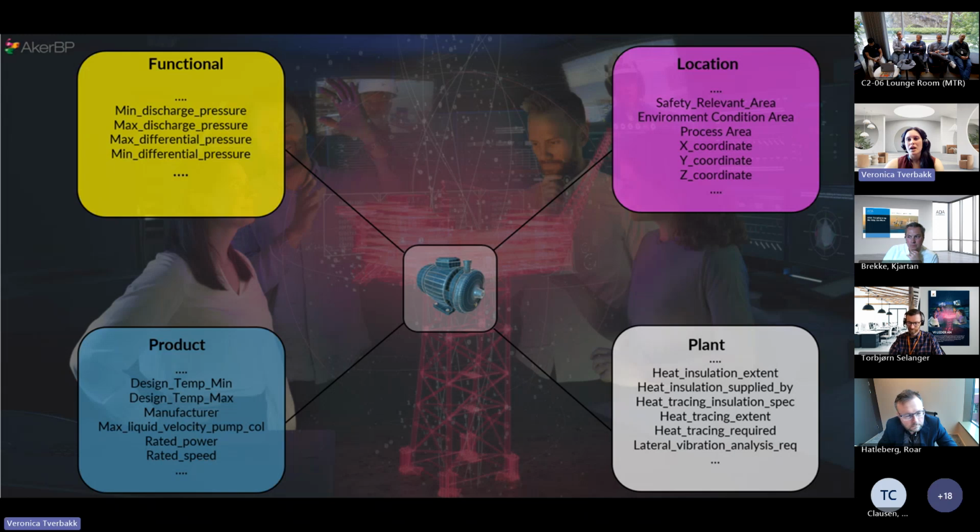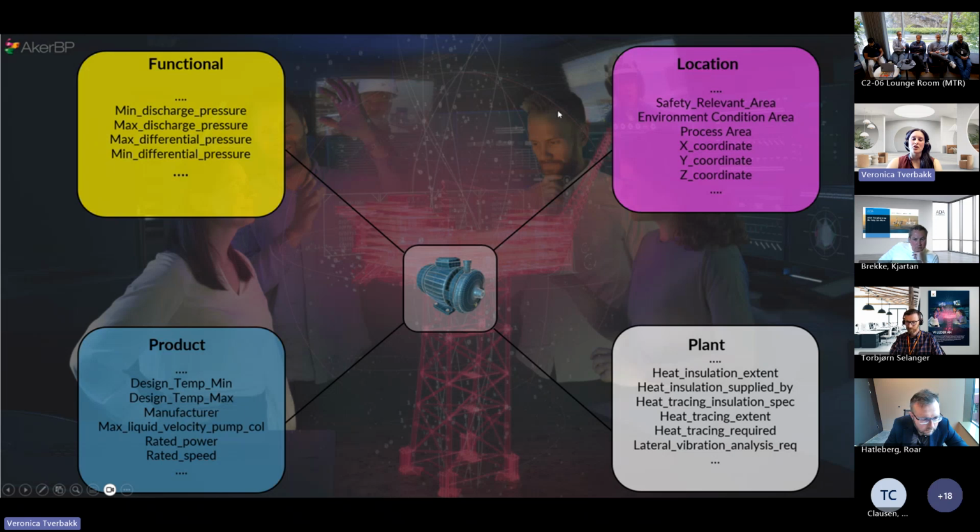So in IMF, we have core aspects, and these are these different perspectives that I was talking about earlier. So for example, if we look at a pump here, the pump is what we call an IMF type or equipment class. And we have these core aspects: functional, product, plant, and location.